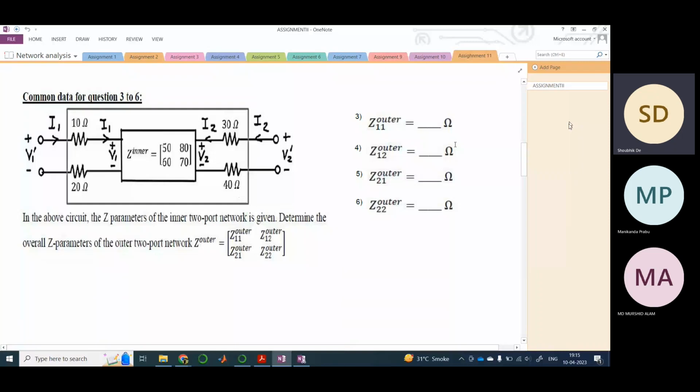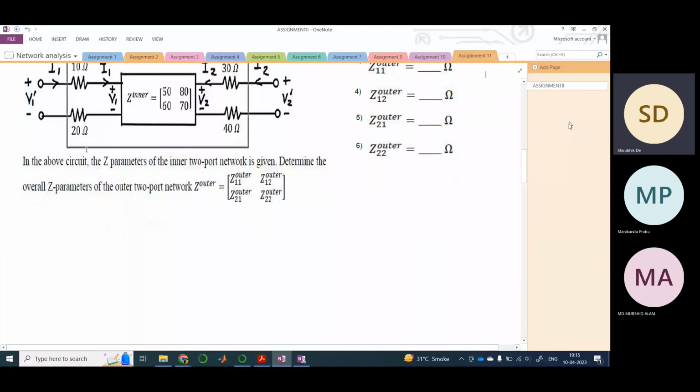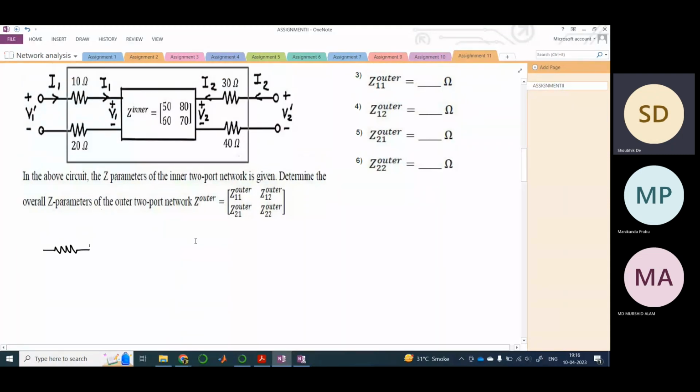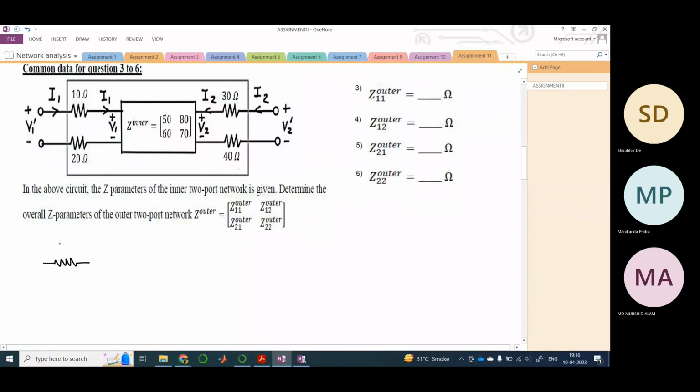So we will go slowly. If I break this part, the part on the left hand side, into something like this, I'm just redrawing the circuit in a closed loop manner. So this is my 10 ohm resistor. This is the 10 ohm resistor.